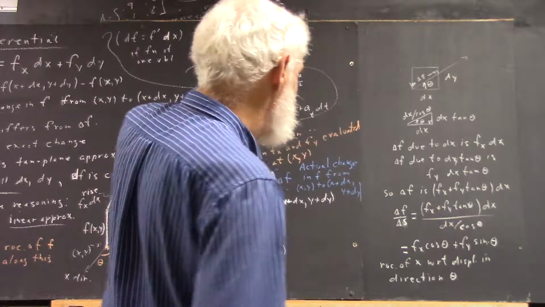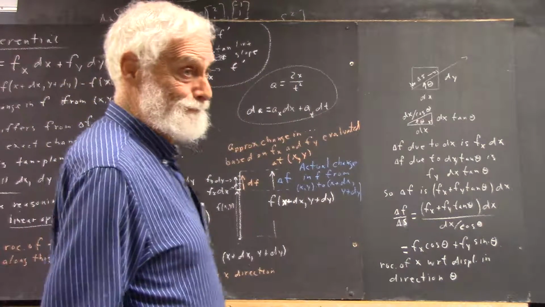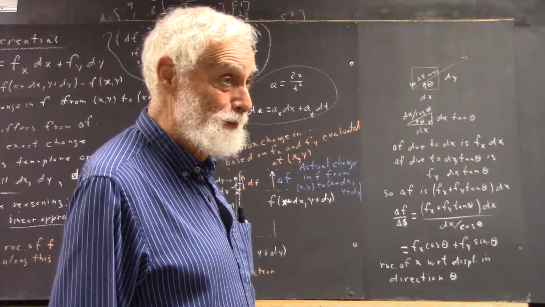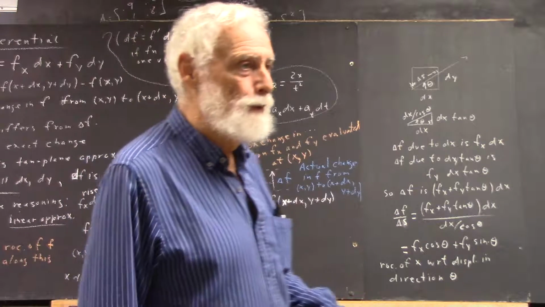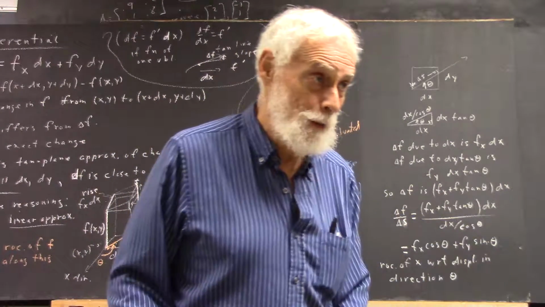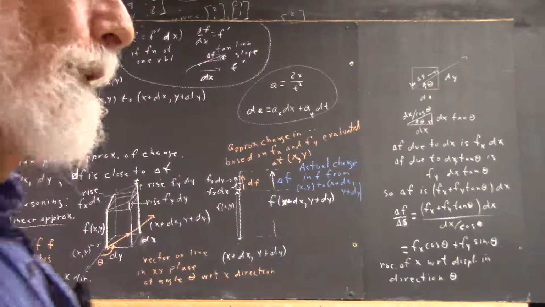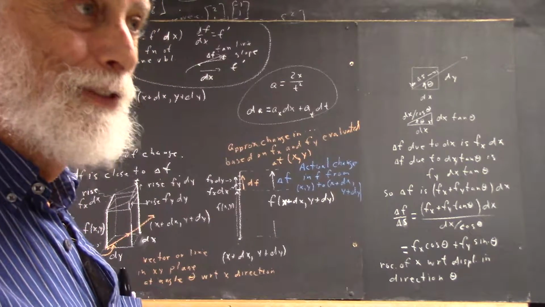Okay? Well, we call this the directional derivative, which ought to make a lot of sense. Okay? Directional derivative in the direction theta. Now there are other more elegant ways in terms of dot products, and I'm going to do that too. I want you to understand this in a variety of ways.